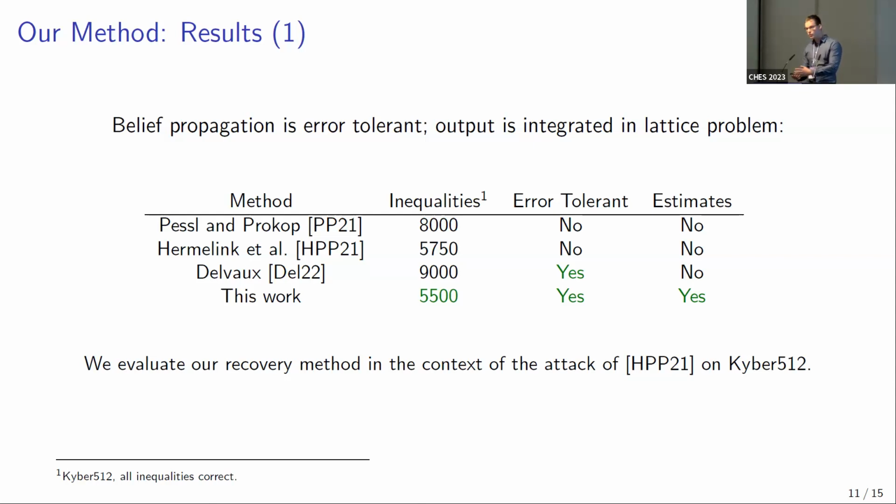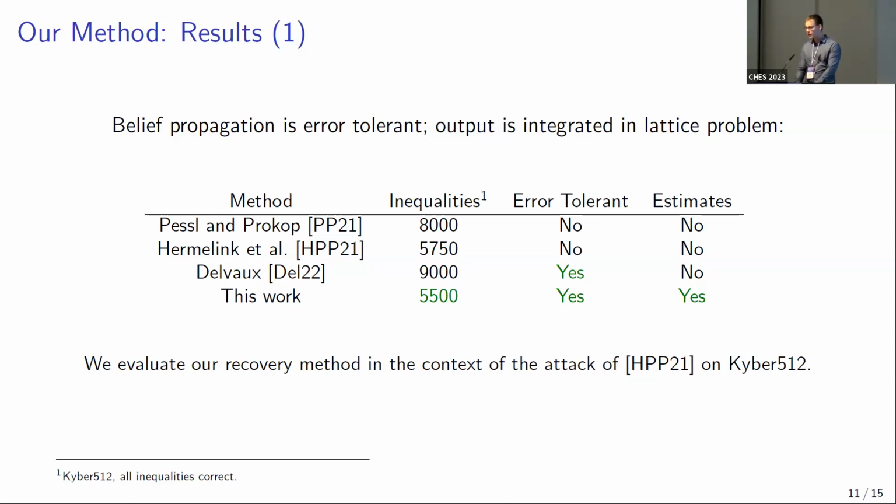And as we output a lattice problem from our key recovery method, we also get security estimates. That means if we have 5,500 inequalities, then the security level is 0. But also if we have fewer inequalities than that, we get a security level, we get how much security is left in this instance of the scheme.